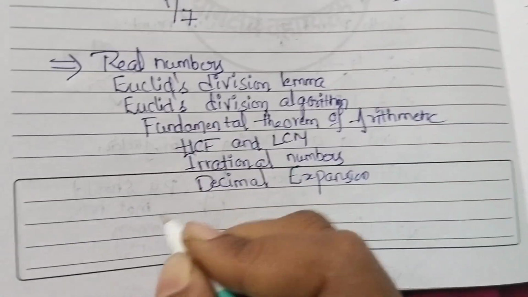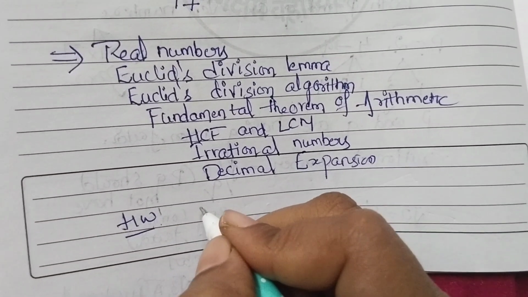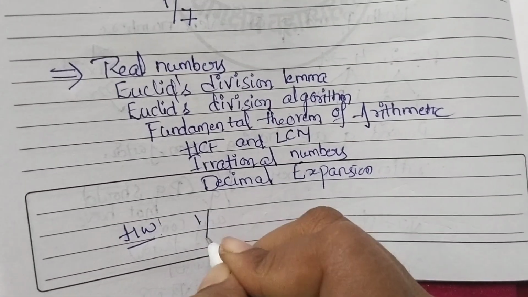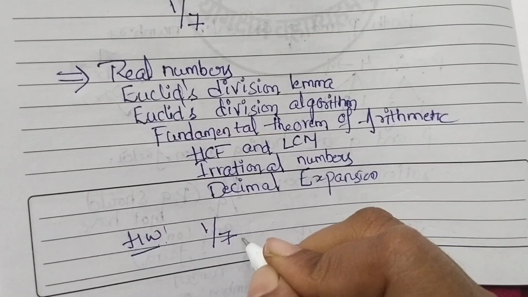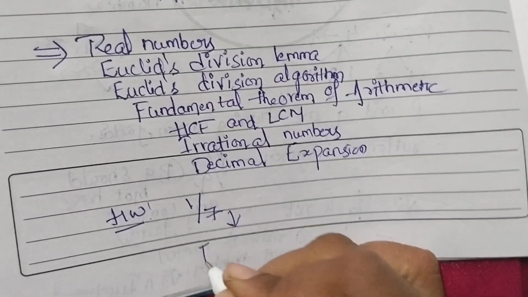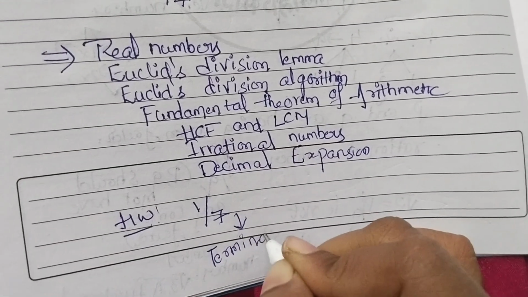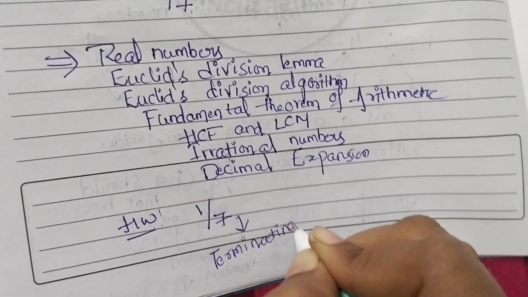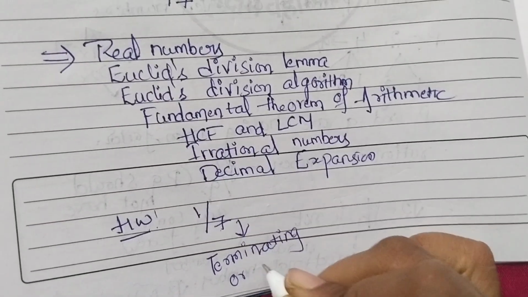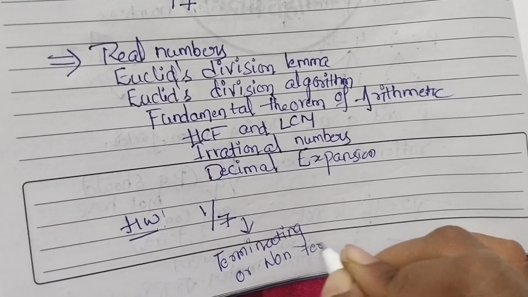Okay, homework problems for you are 2 problems. Okay, this 1 by 7. You should find whether it is terminating or non-terminating decimal. Hint is this is a rational number.